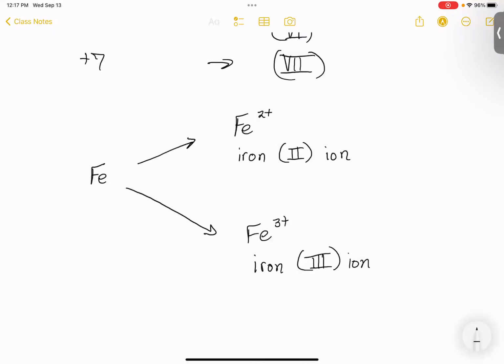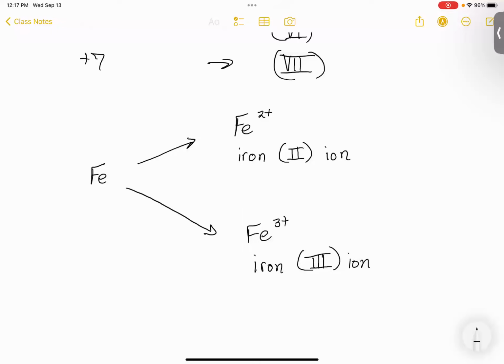IUPAC is basically the governing body that tells us how to name a compound so that no matter whether we're here or in China or Russia or India, we all name it the same thing.